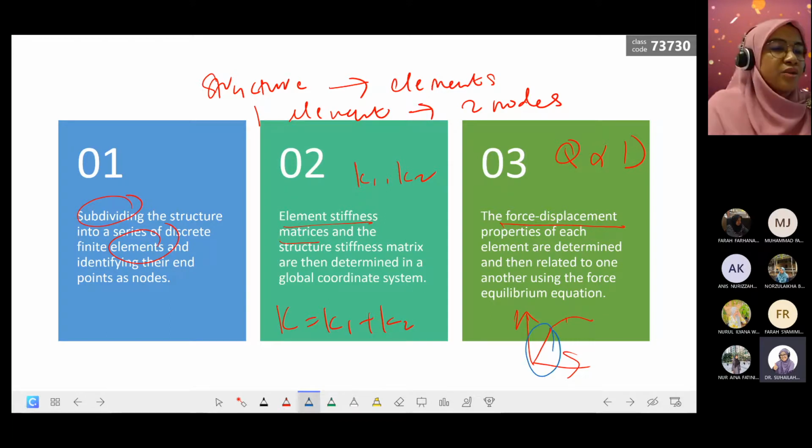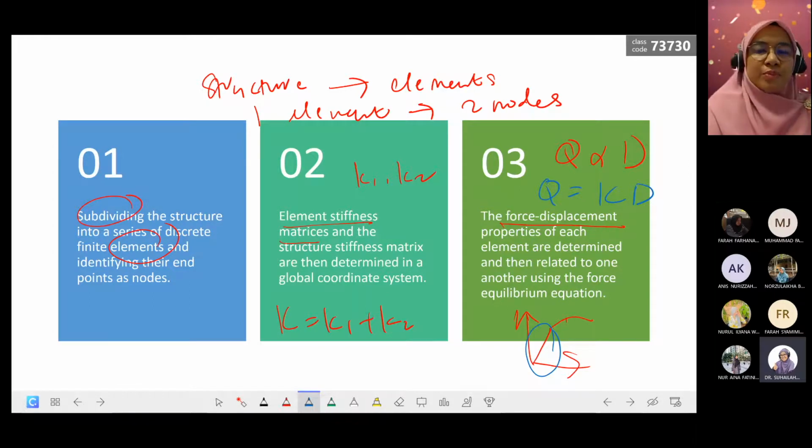Okay, Q versus displacement. And between Q and displacement, we relate Q and D with K. Okay, K is the stiffness coefficient. That is why we get the equation Q is equal to KD, where K is the stiffness coefficient. So this Q equal to KD is where we apply force displacement properties.